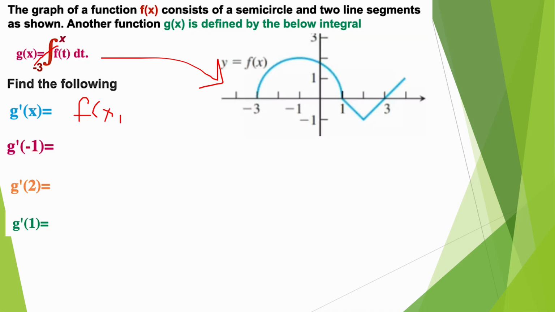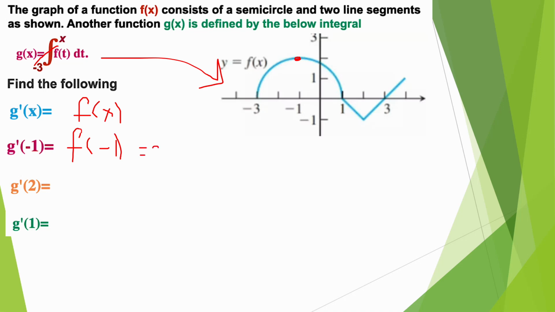If I want to find g prime of -1, I replace -1, so it will be f of -1, and f of -1 from the graph, it's very clear, is 2.